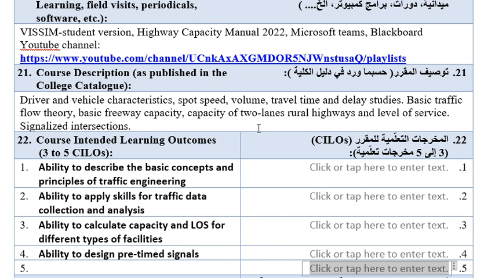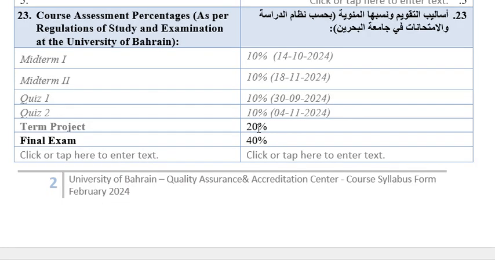LOS stands for level of service, the performance of the highway. Performance of the highway is measured as LOS. And then, like I said, we will look at the design of signalized intersections. I will not go into details.